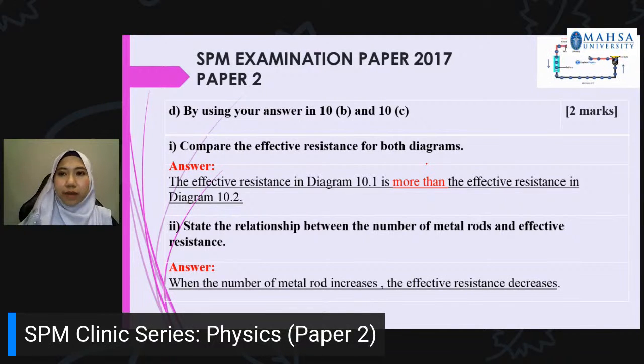Clearly, from your calculation you can prove what happened to the effective resistance, or what is the total value of the resistance when you add more metal rods in your circuit. So when the number of metal rod increases, the effective resistance decreases. Done for this problem.